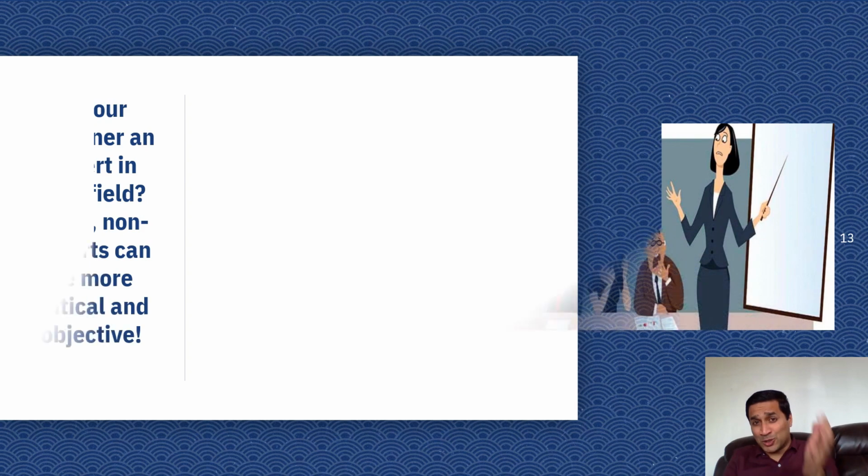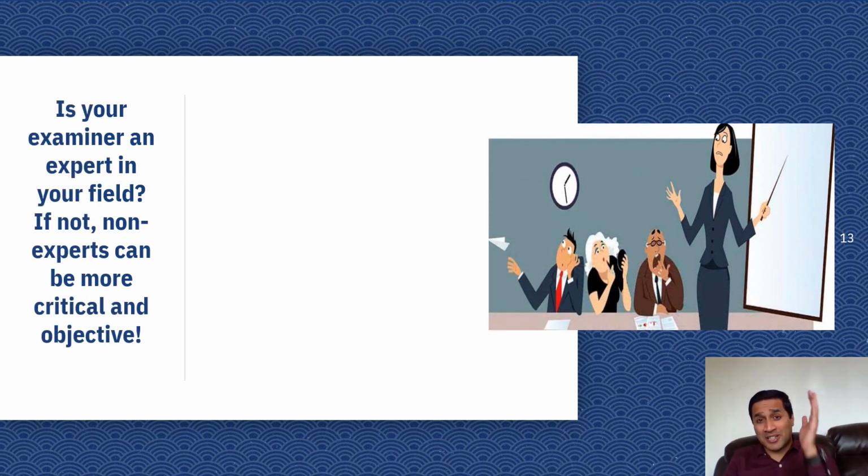I did tell you, choose your external examiners carefully. What I meant was, if the external examiners are not from your field, for example, you're doing an engineering PhD and you met a guy at a conference who was an expert in social sciences, that's not going to work. They will ask you loads and loads of fundamental questions.